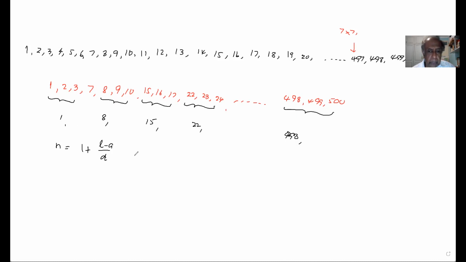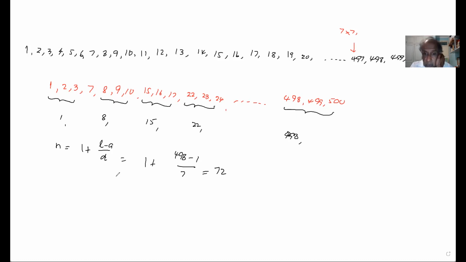So the number of terms here is 1 plus, now what is L minus A? It is last term minus the first term, and the D is 7. And if you look at this, it is 497 over 7, so this gives you 72.